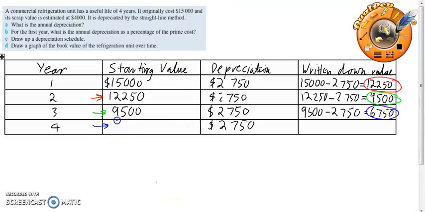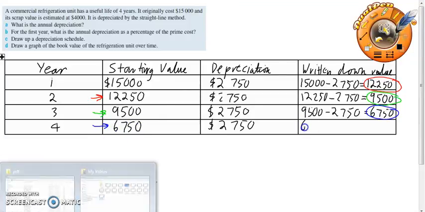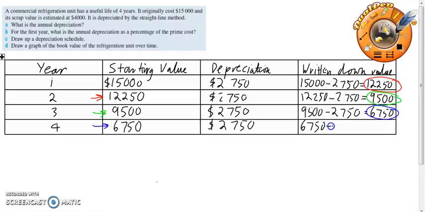So 6,750. And we have 6,750, take 2,750, and we end up with 4,000. The nice thing about these tables is you always know if you've stuffed up, because this last value, the 4,000, has to be the value written into the question, which is 4,000. If it's not, you need to go and check your maths, because you made a mistake somewhere.